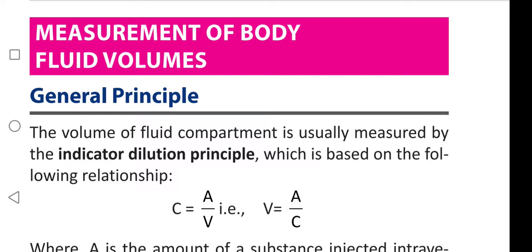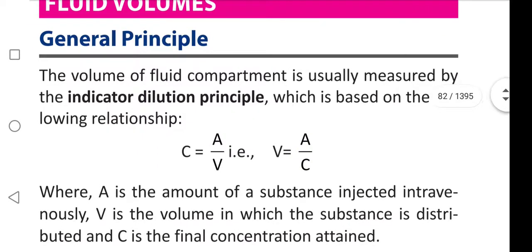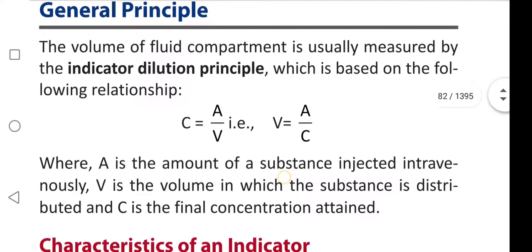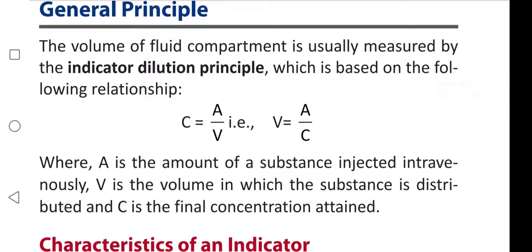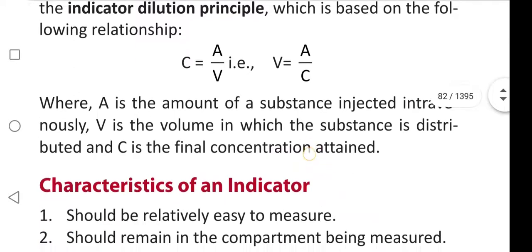C is equal to A by V, V is equal to A by C, where A is the amount of substance injected intravenously, V is the volume in which the substance is distributed, C is the final concentration attained. Here volume is equal to the amount of substance injected intravenously divided by the final concentration attained.